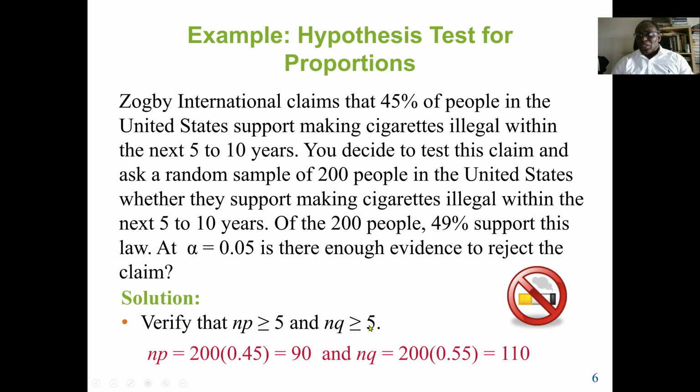In this case, we have 200 times P, which is 0.45, and Q will be 0.55, since with the binomial distribution Q is 1 minus P. So here we have 90 and 110. So we can continue with this hypothesis testing, to see whether we should reject the claim or not.